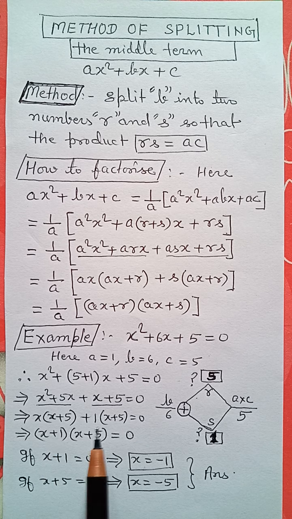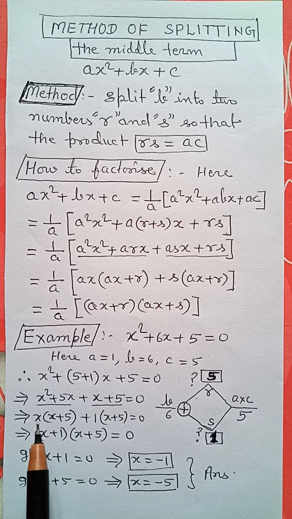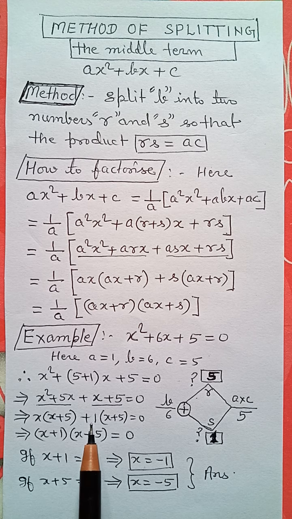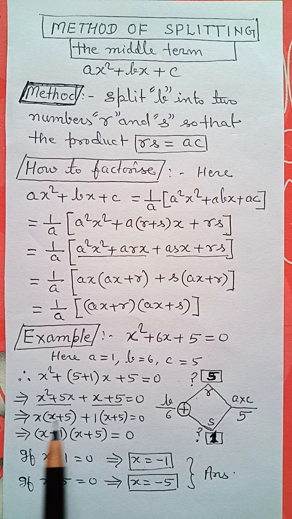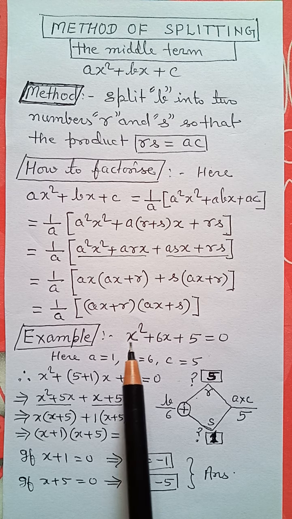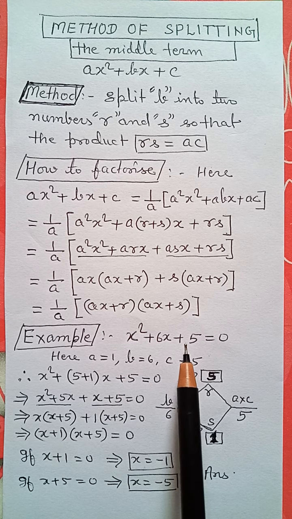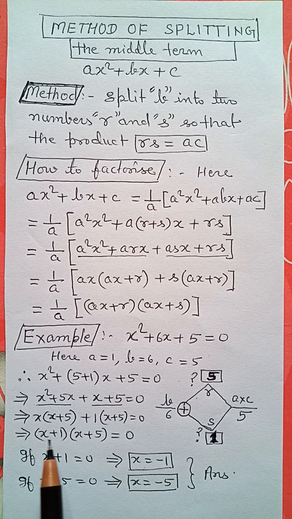Now x plus 5 is a common factor, therefore x plus 5 is taken outside and we are left with x plus 1. Therefore this quadratic polynomial is factorized into linear polynomials x plus 1 and x plus 5.